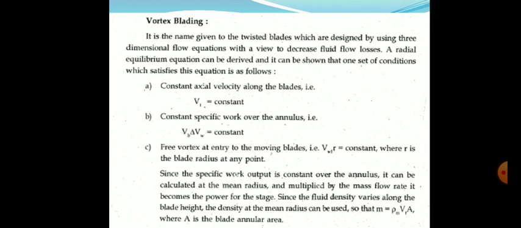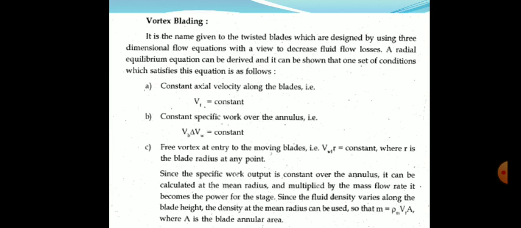Constant axial velocity along the blades, that is Vf1 equal to constant; specific work over the annulus, that is Vf1 ΔVw equal to constant; free vortex at entry to the moving blades, that is Vw1 R equal to constant, where R is the blade radius at any point.